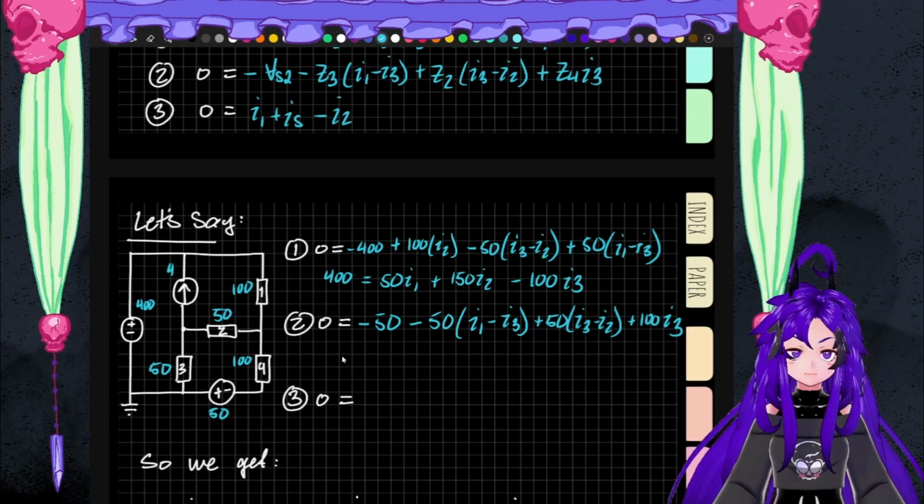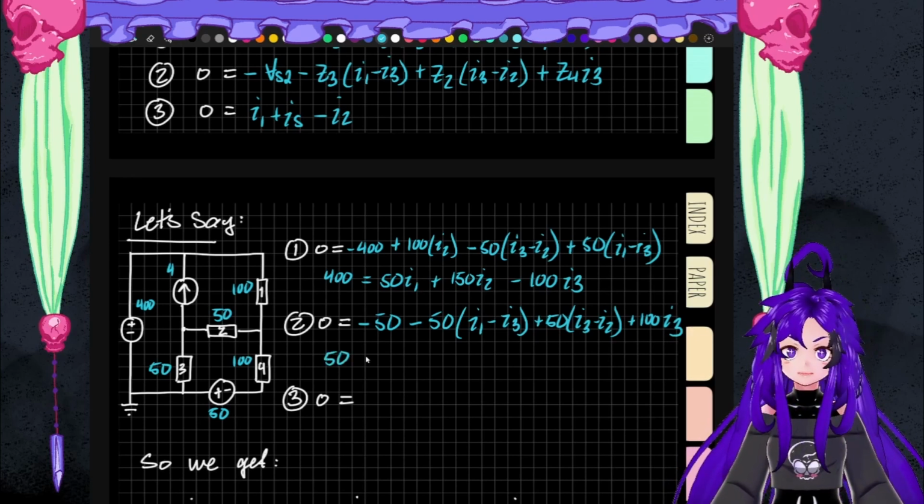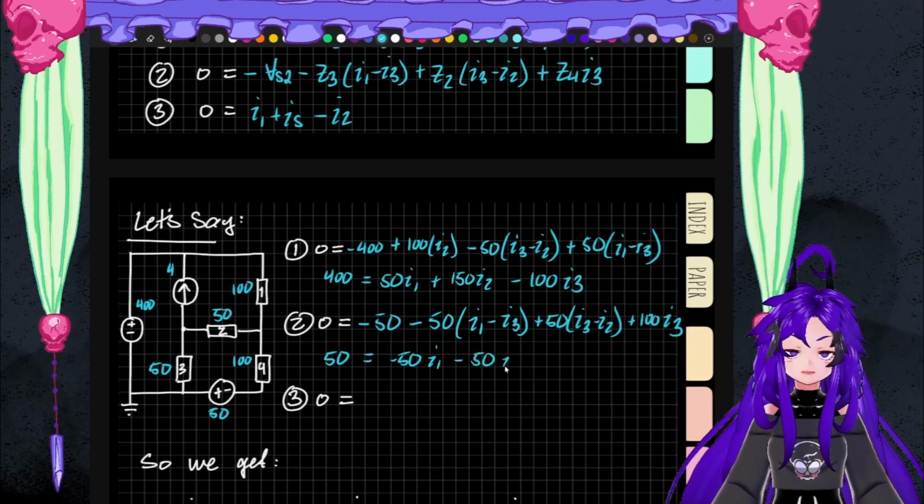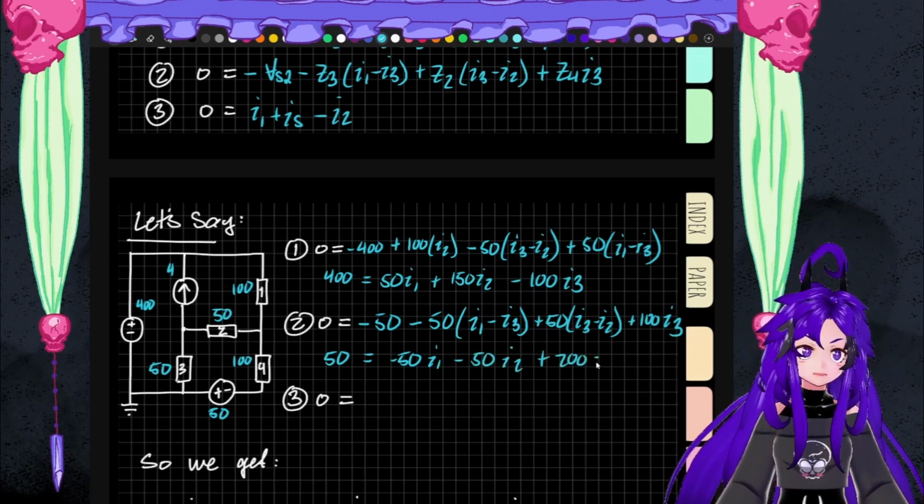Yeah, that's everything. So if we simplify that one down, we're going to get 50 equals minus 50 I1 minus 50 I2 plus 200 I3.